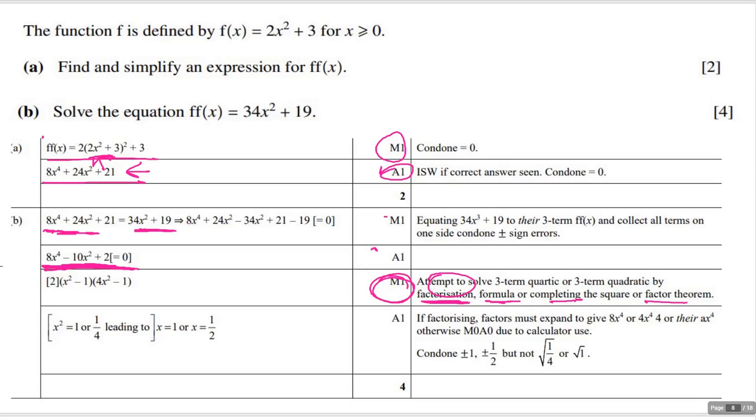It's really important, because there's no sense in not getting this point just because you didn't write down the quadratic formula. And again, you'll notice that at the end, they need to see that you got the x squared and this, but then you end up with these two answers. And again, only the positive ones.